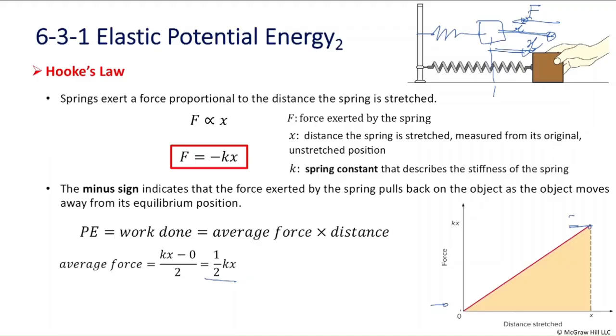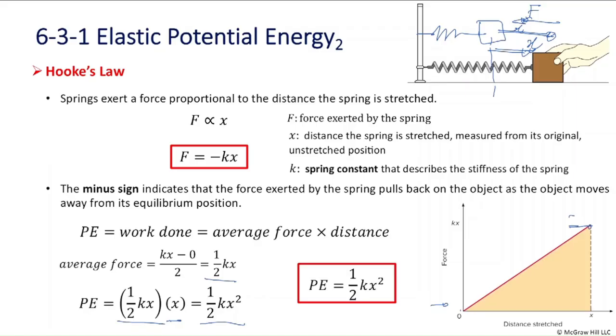So the elastic potential energy is the average force times the distance, which is half kx for the force, and the distance is x. Therefore, it is half kx squared. So this formula works whether the spring is stretched or compressed. This is the elastic potential energy equation, which is equal to half kx squared.